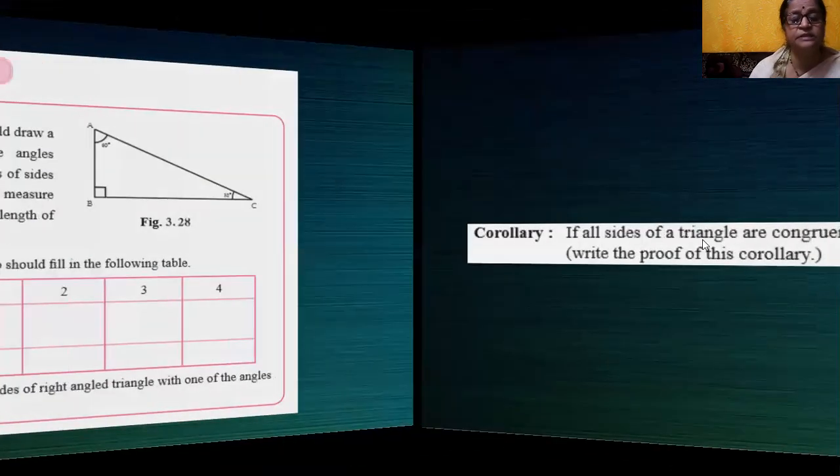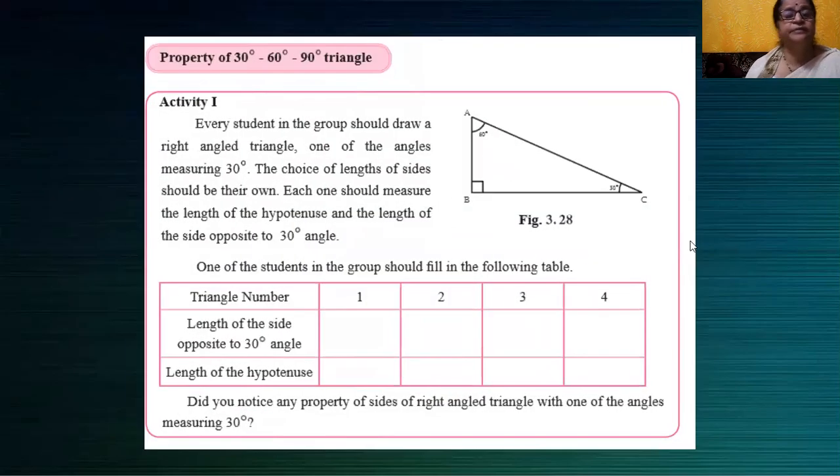Here is one activity you have to do. Draw a right angle triangle having one angle's measure 30 degrees. Then measure the side opposite to 30 degrees, that means the length of AB, yourself. Make a group of 5-6 girls and then measure. Draw the triangle with one angle a right angle and another 30 degrees.